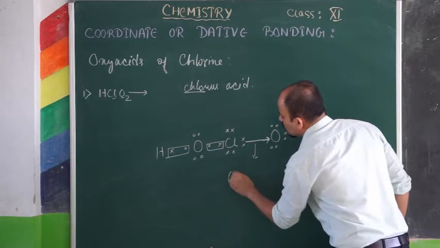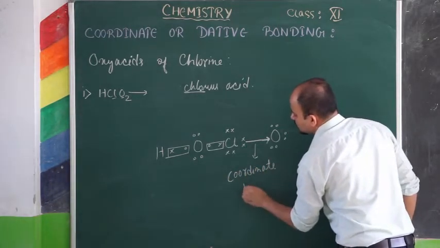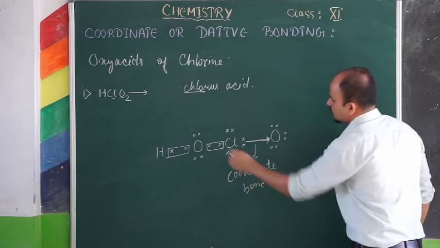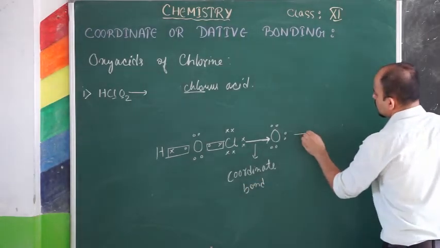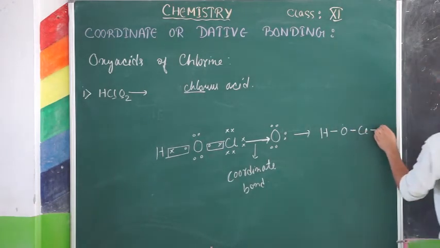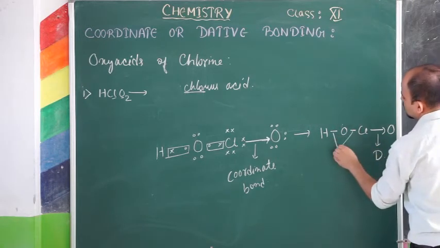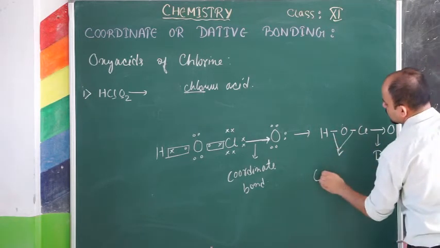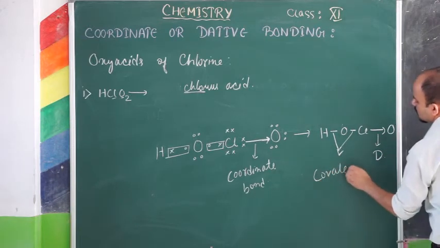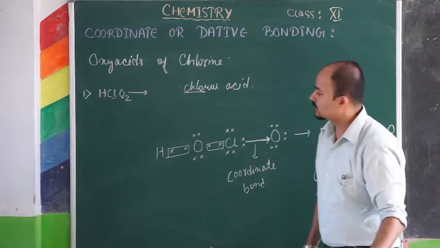This is a coordinate bond. So the structure of this molecule, you have it as HOCl, and here you have a dative bond. This is a dative bond, and these two are what? Covalent bonds. Okay, so this is the electronic structure of chlorous acid.